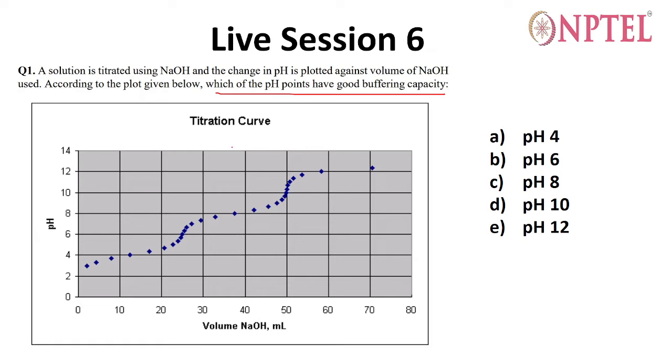So basically, pH 4, you can see, this is the area. And another one is around this region, right? And another one is this region. So you can see that we are increasing the added NaOH volume.